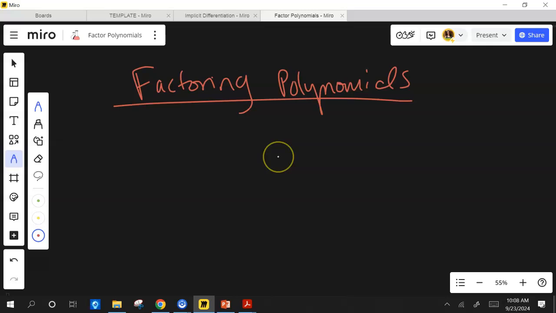Let's do 14 together. Actually, let's do 20. 20 is a little harder.